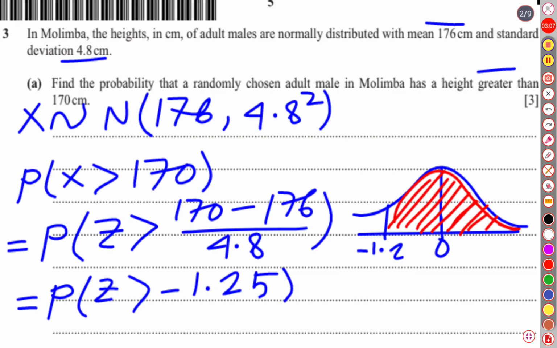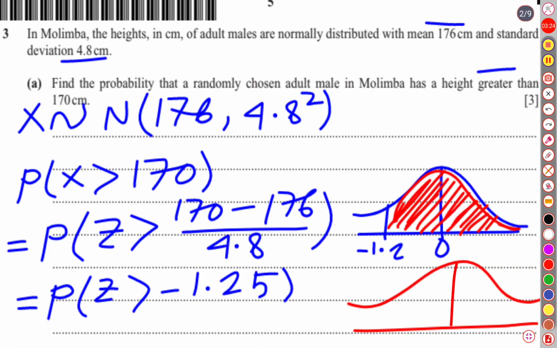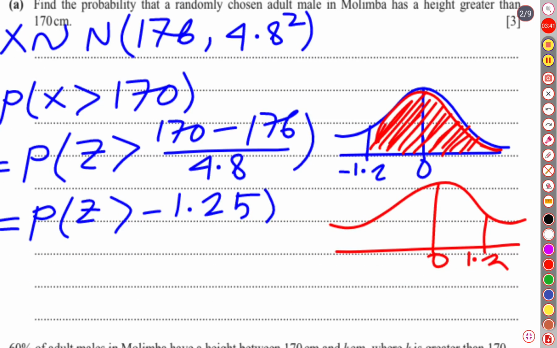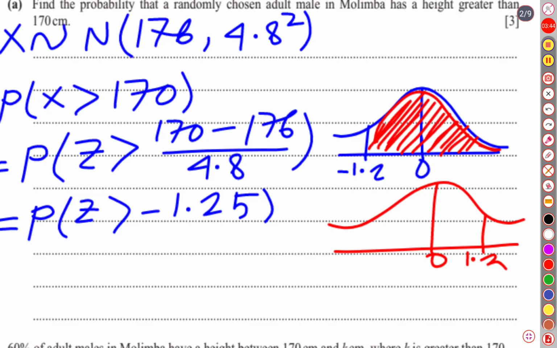You know that the normal distribution graph is symmetrical. So if I draw one more figure, here it is 0, and on the right side, if we swipe the z-score to the right side, it is going to be 1.25. As we require the greater part as our probability, look, it must be the same as this.